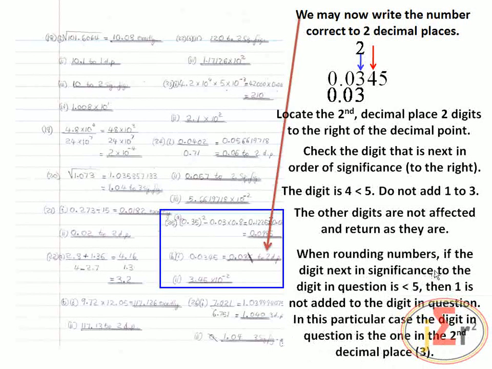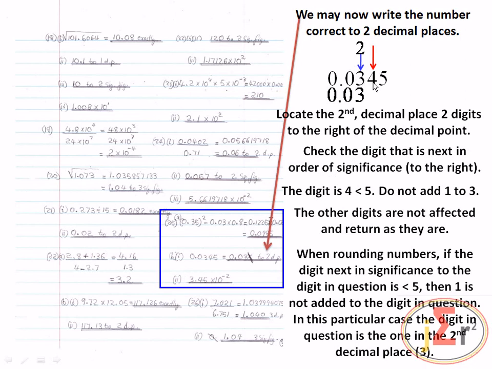When rounding numbers, if the digit next in significance to the digit in question is less than 5, then 1 is not added to the digit in question. In this particular case, the digit in question is in the second decimal place, where we have 3, so this is the digit in question.